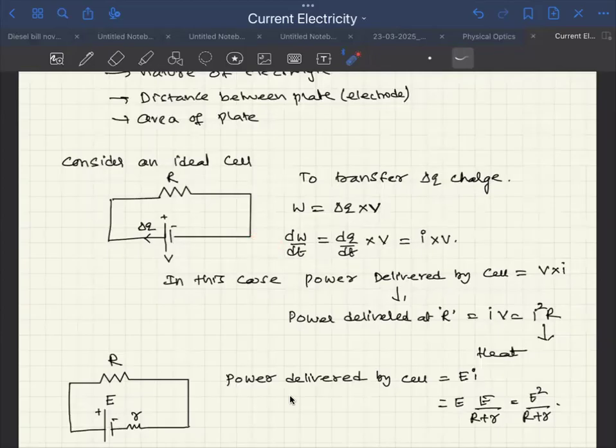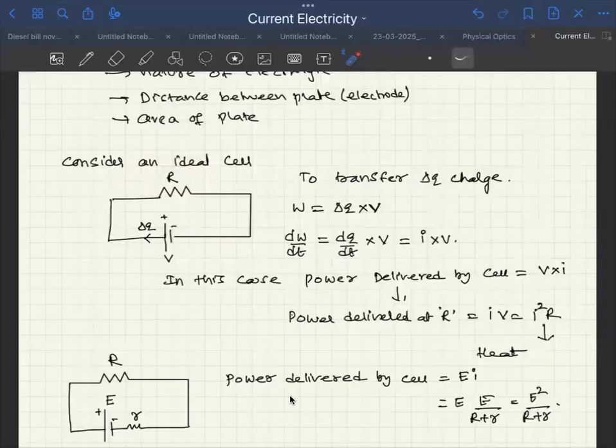So therefore, power is the rate of doing work. The power delivered by the cell to the load is current times voltage.